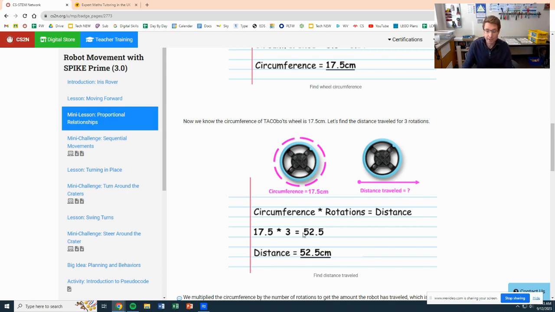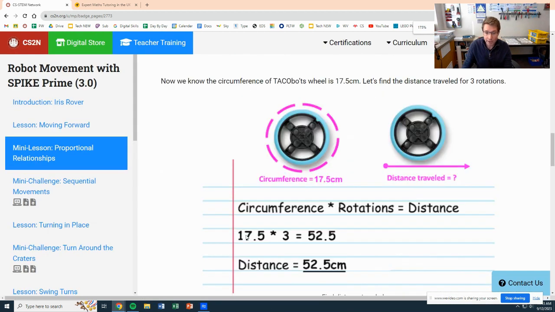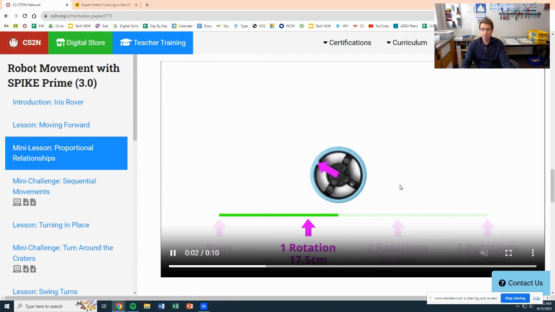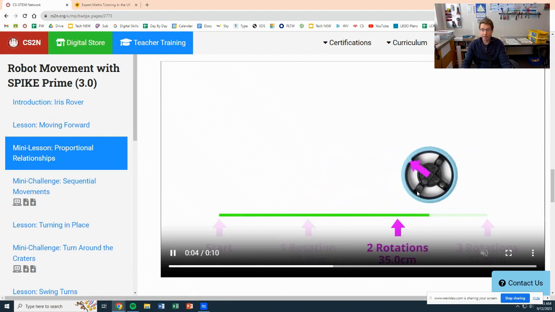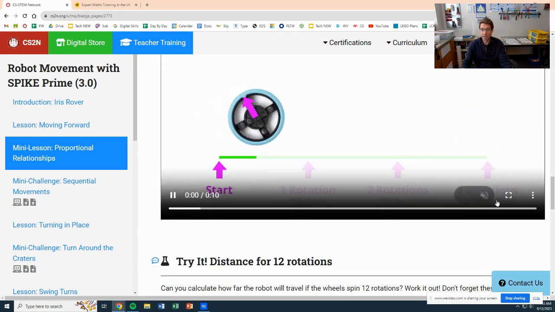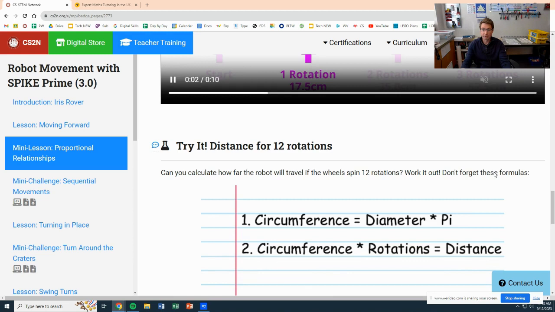So in this example here, we have 17.5, the circumference around the circle, times 3 full rotations, which means that the robot will travel 52.5 centimeters. Here's an example of it traveling 3 full rotations. You can see this arrow as you look. It does 3 full rotations, which gets it here to 52.5 centimeters.